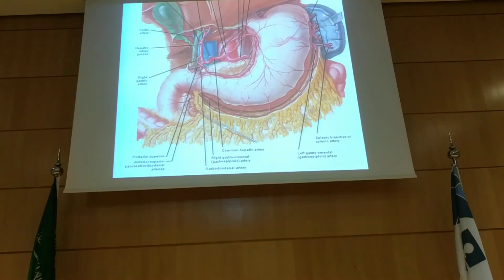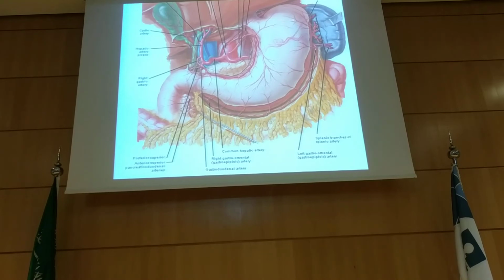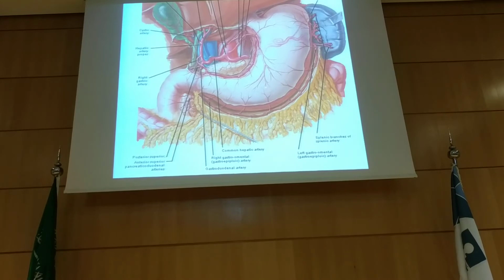it's going to give us short gastric, mostly to the fundus, and this artery here running on the greater curvature between the two layers of the greater omentum. We call that left gastro-omental or epiploic. Epiploic means fat, because omentum is fat.